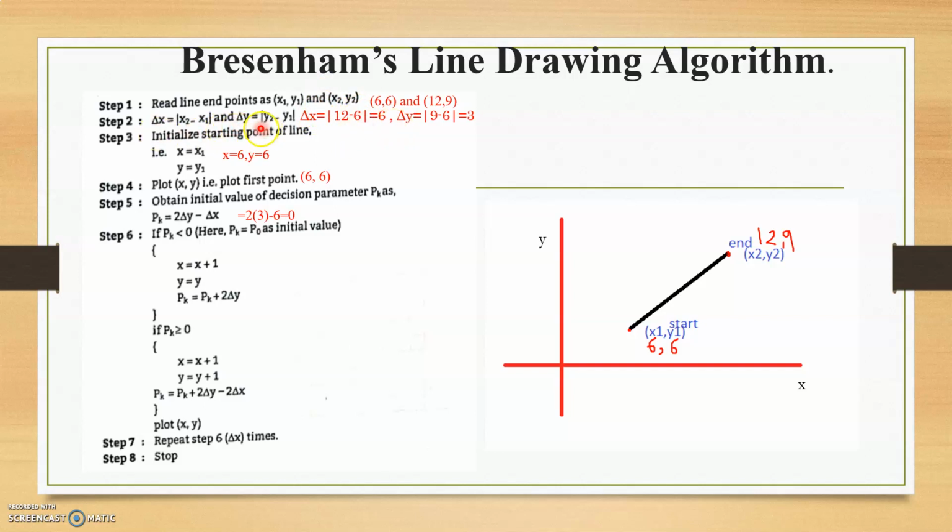Delta y equals the absolute value of y2 minus y1. Here y2 is 9 and y1 is 6, so delta y equals the absolute value of 9 minus 6, which equals 3.